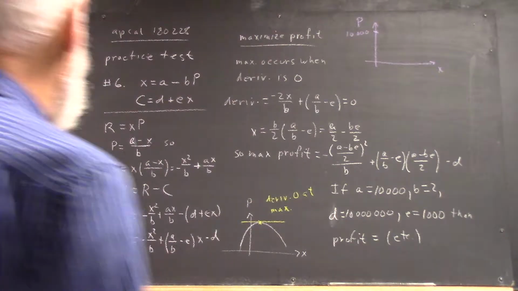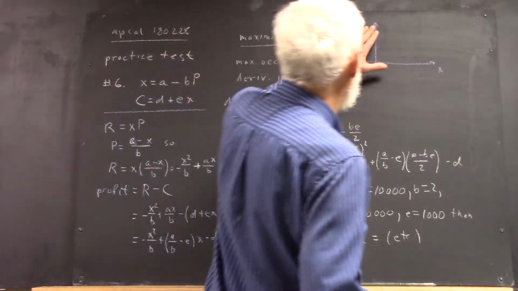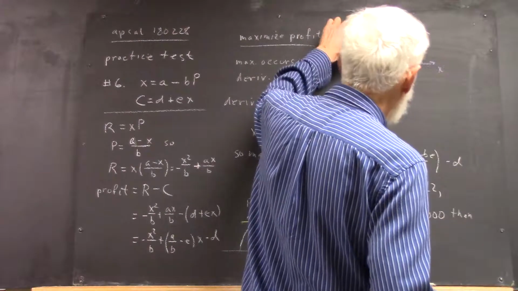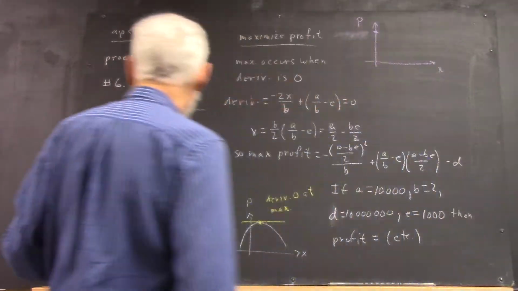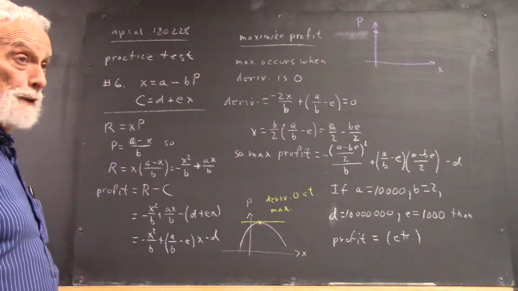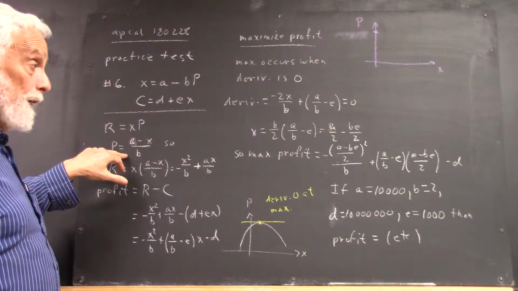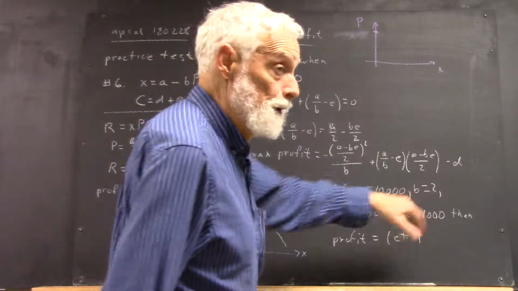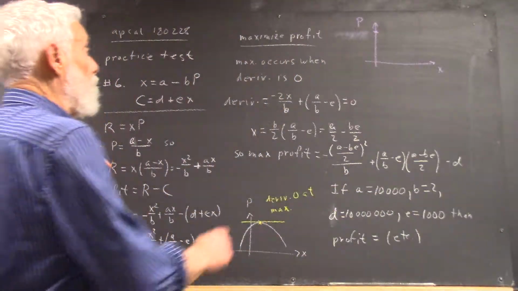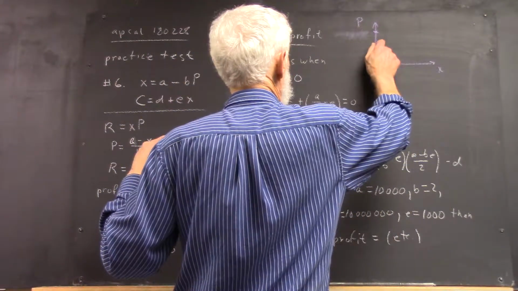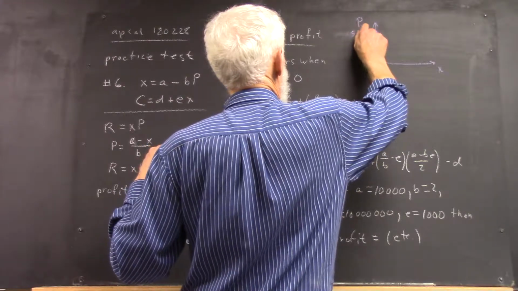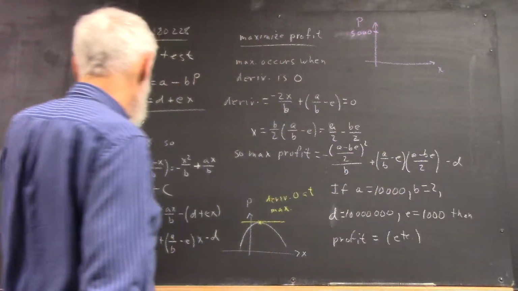Okay, kind of messed that up, but we don't have 10,000. Profit as a function of x is a minus x over b, right? And a over b is 5,000. So our profit function when x is 0 is going to be 5,000.